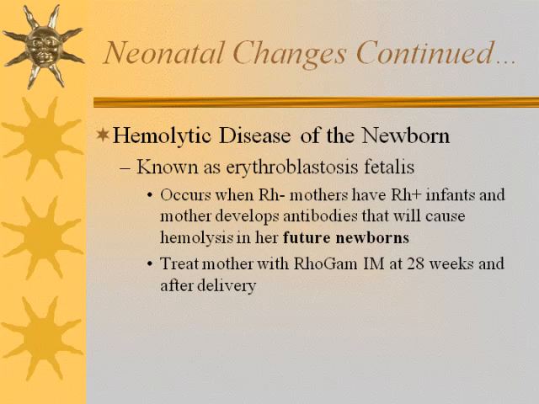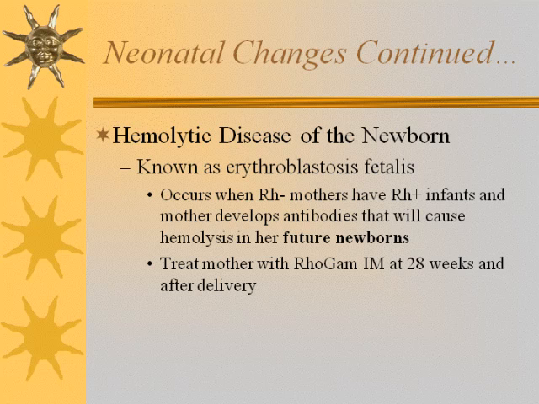And then hemolytic disease of the newborn caused by erythroblastosis fetalis. This is when an Rh negative mother has an Rh positive baby. In her first baby, after she has that Rh positive baby, she's going to make antibodies that cause her to break down her future newborn's red blood cells if she has more Rh positive infants.